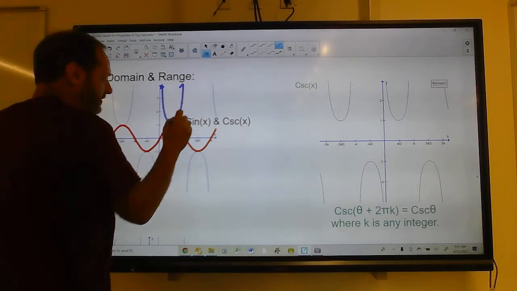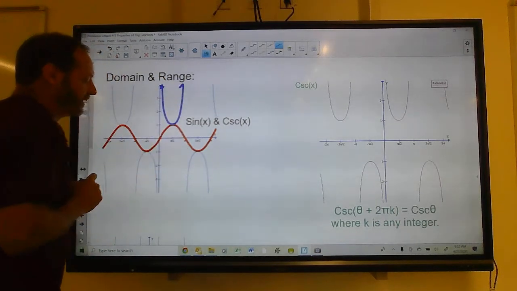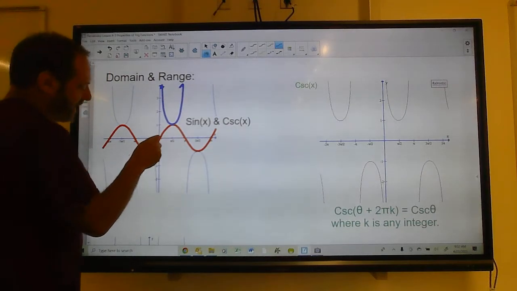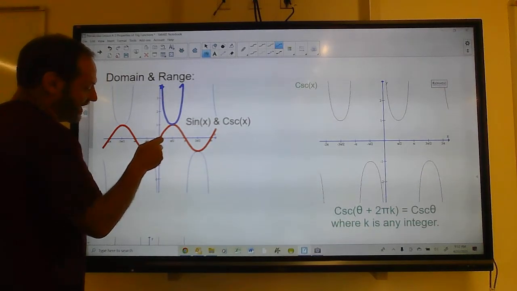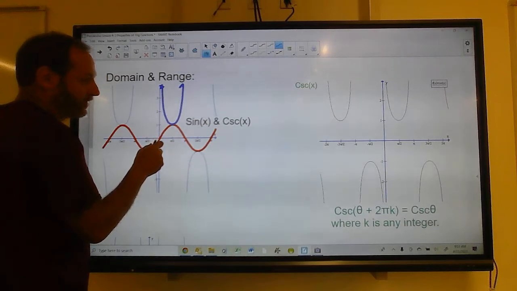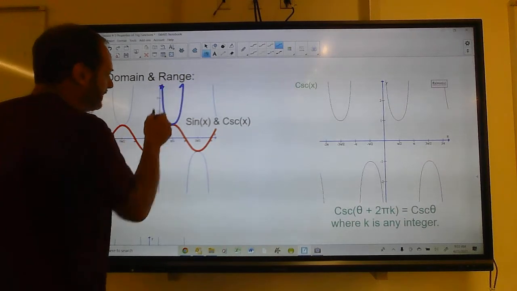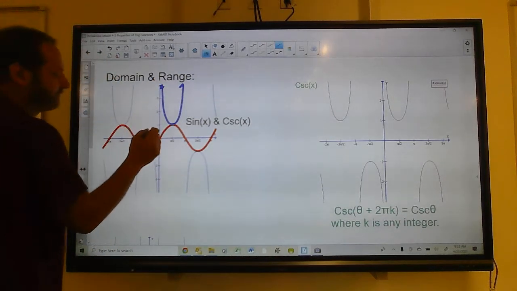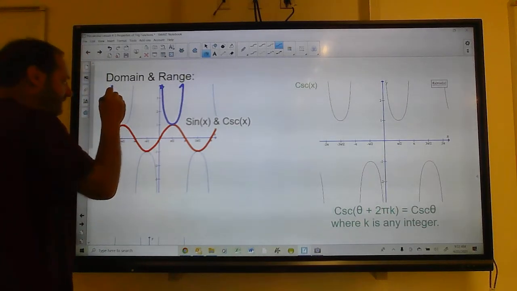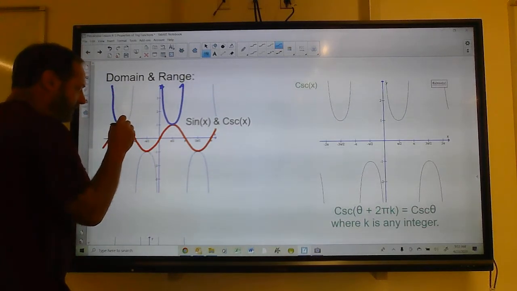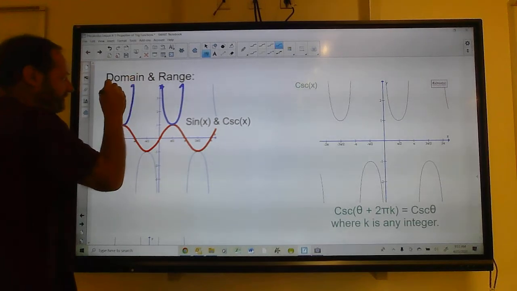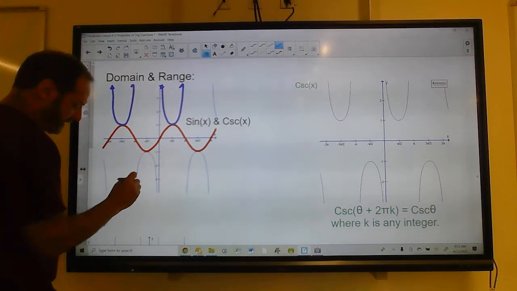Now it's got asymptotes here at pi and at 0, because at 0, sine is 0, and if I flip that over, 1 over 0 is undefined, it's infinity, right? So I have an asymptote here, same thing at pi.